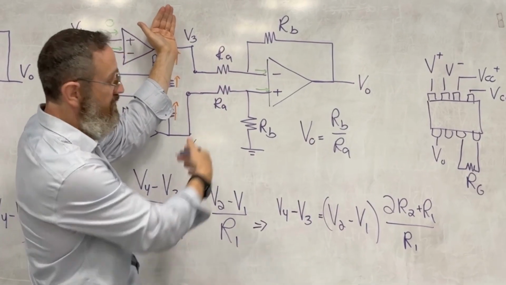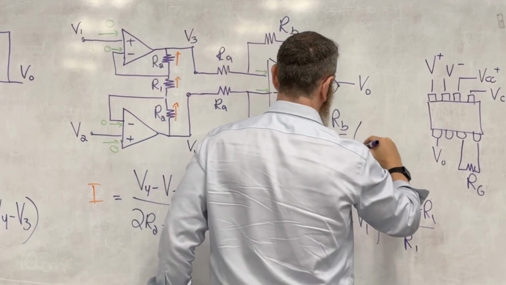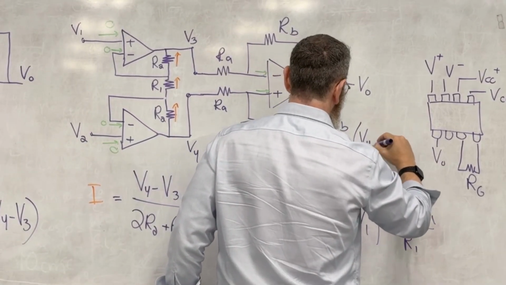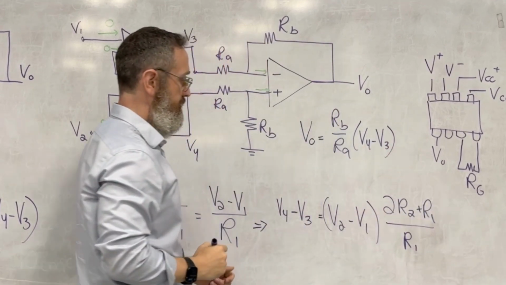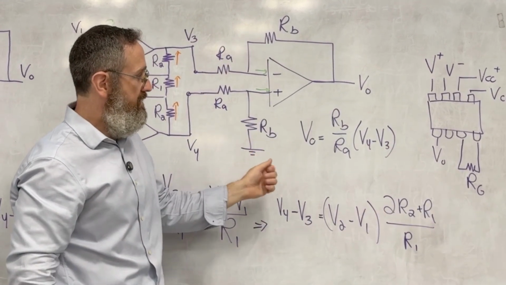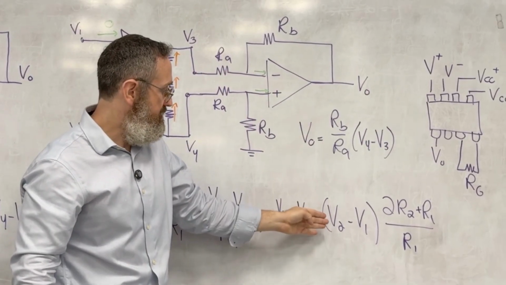These are the inputs to the difference amplifier. So I'm going to say times V4 minus V3.